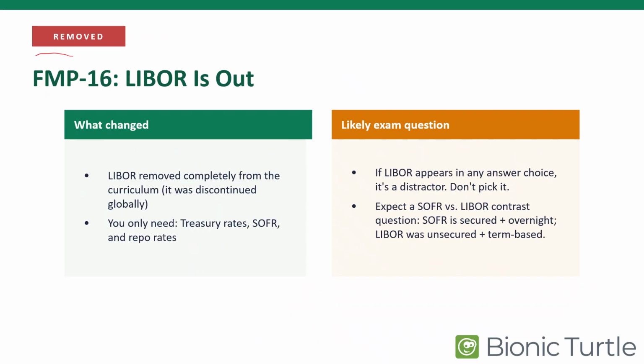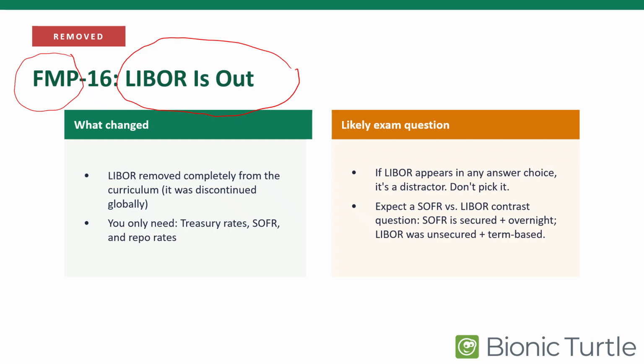The next change is in our financial markets and products section, and it's again a very small change. This should come as no surprise to anyone who's followed global markets: LIBOR has officially been discontinued, so it's taken out of the curriculum.